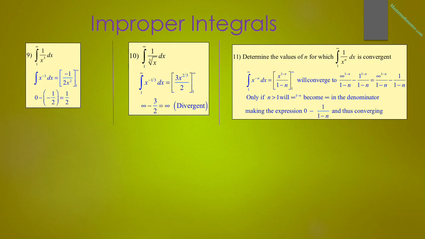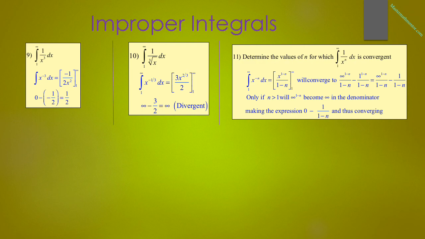So in numbers 9 and 10, we had two problems, both in the same exact format, but 9 was convergent and 10 was divergent. So number 11 asks the values of n for which the integral from 1 to infinity of 1 over x to the n dx is convergent. In order to do this, we integrate the expression 1 to infinity of x to the negative n dx, and we get x to the 1 minus n over 1 minus n, evaluated from 1 to infinity.